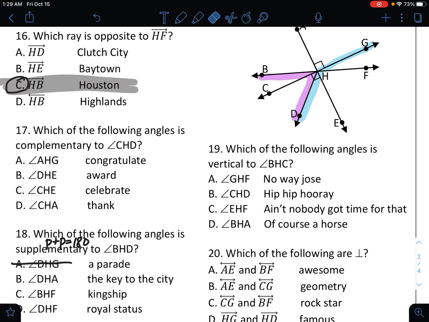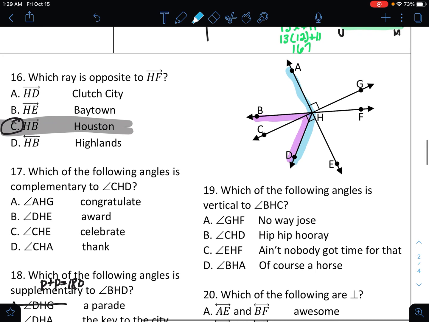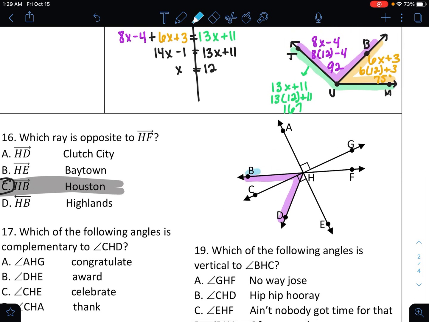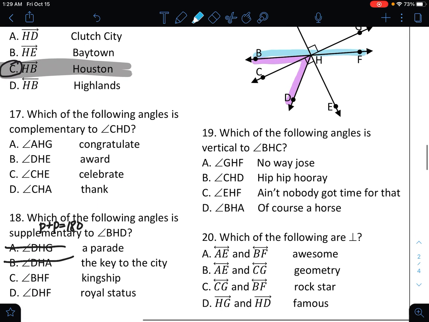All right, let's try another one. DHA. Now you should know that is not a line. That doesn't even make sense. What about BHF? Well, BHF is already a straight line, so it doesn't make sense that we would add another angle to make it a straight line.